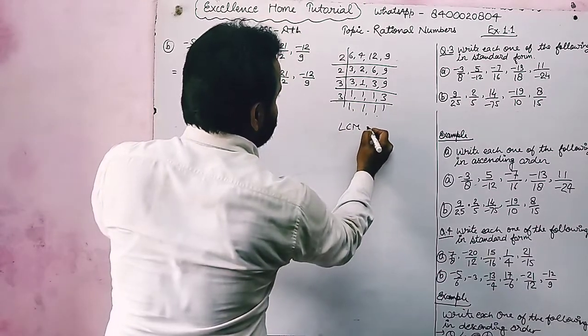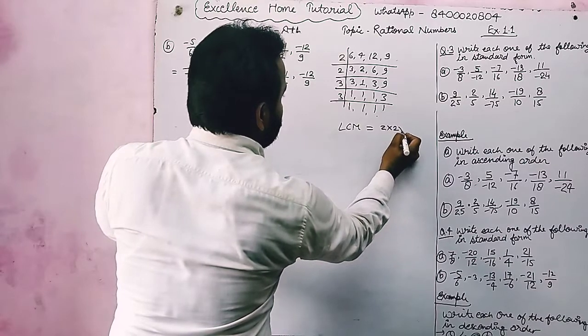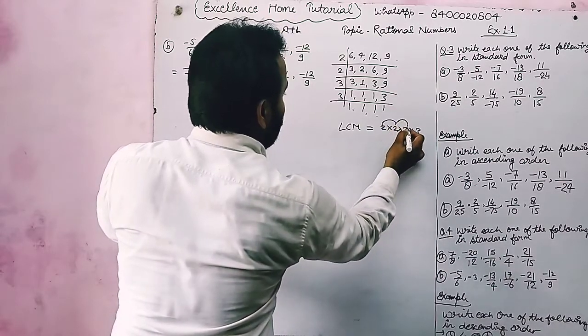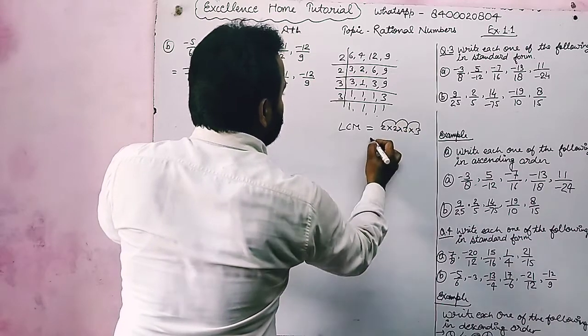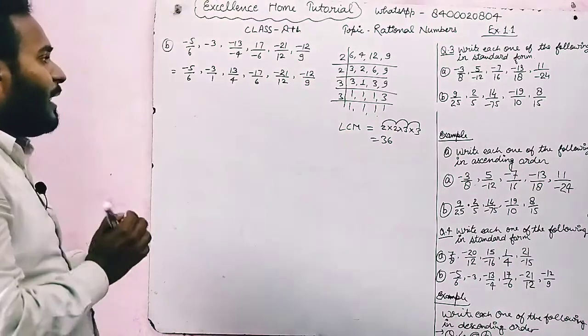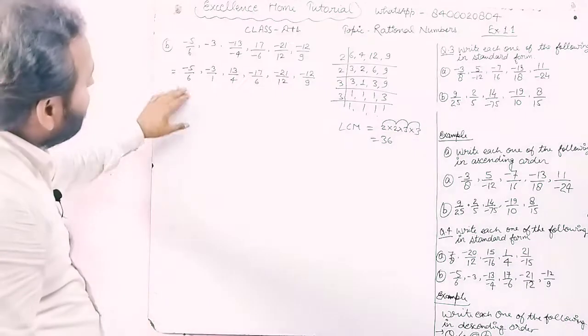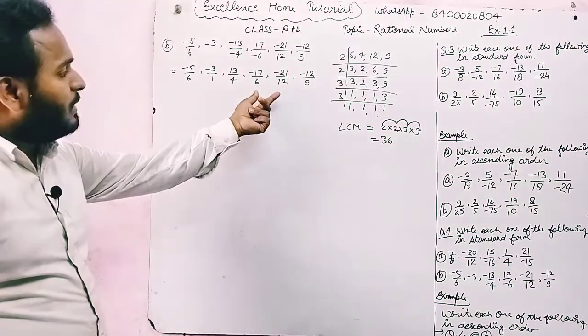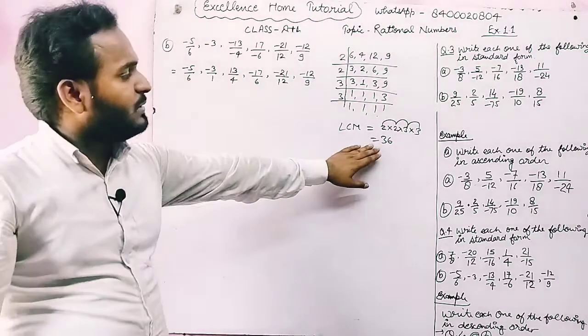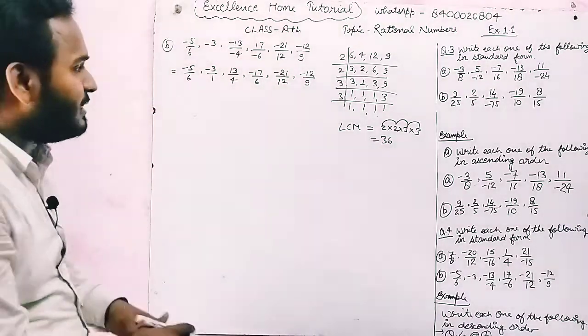So LCM is 2 into 2 into 3 into 3: 2 2s are 4, 3 4s are 12, 3 12s are 36. So LCM is 36. We have to make every rational number an equivalent rational number whose denominator is 36.